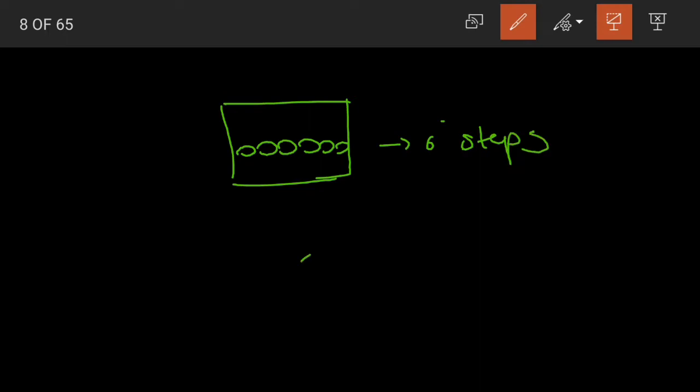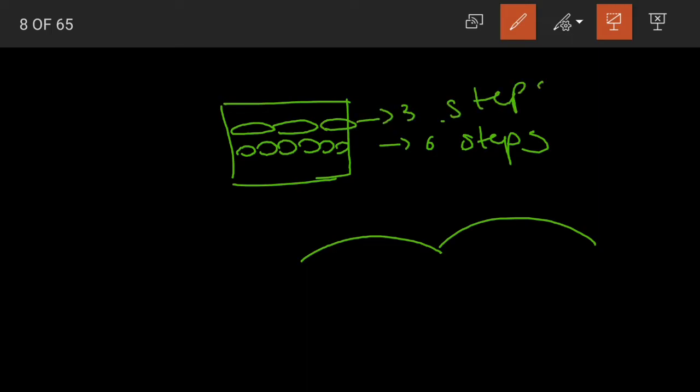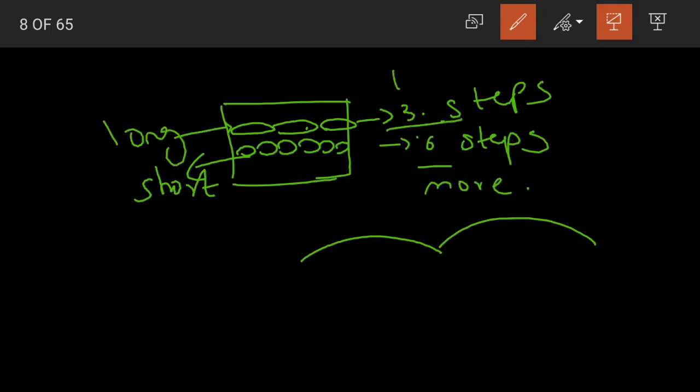Now if you have a long step, that means you can spread your legs wide like this, you will need 1 2 3. How many steps do you need? Only 3 steps. That means if you have a short step, you will need more steps to cover the room. If you have long steps, you will need fewer steps to cover the room.